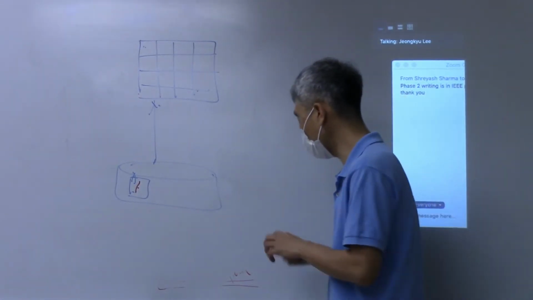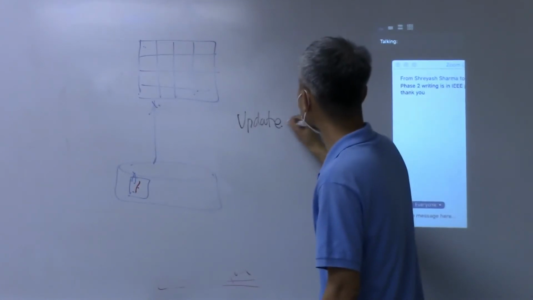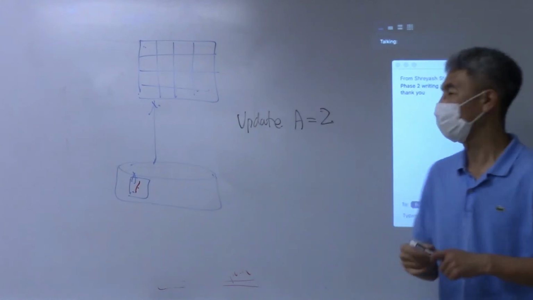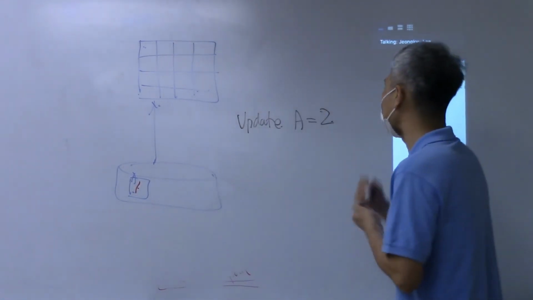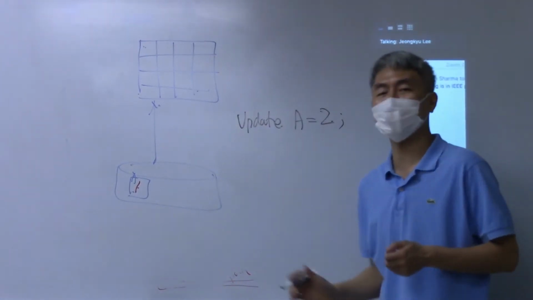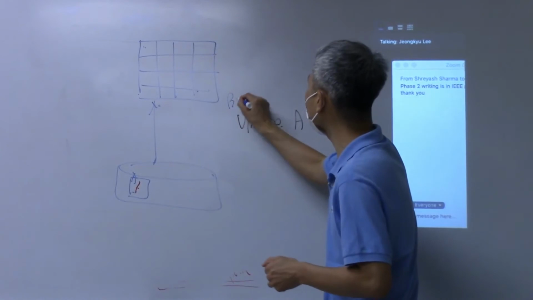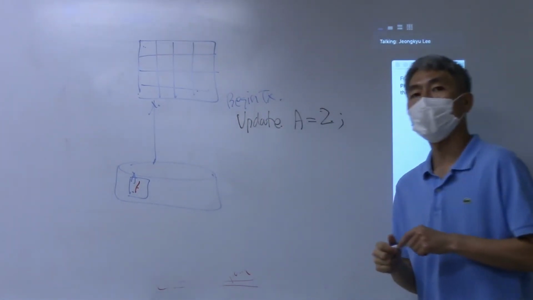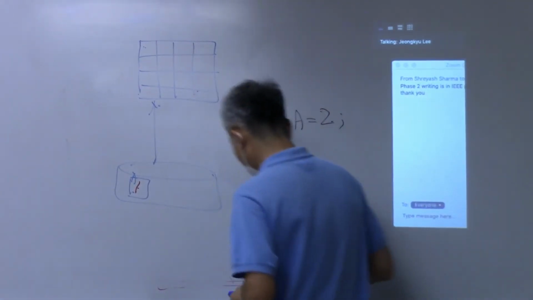So let's run the update A to 2. I know this is not the correct SQL, but let's say that this is a SQL to update. This is one transaction. Implicitly, there is a begin transaction. Okay, so when you run the SQL, it doesn't update right away.